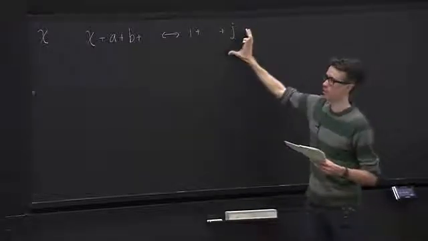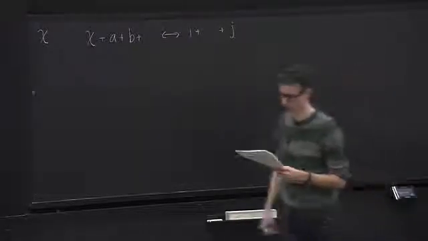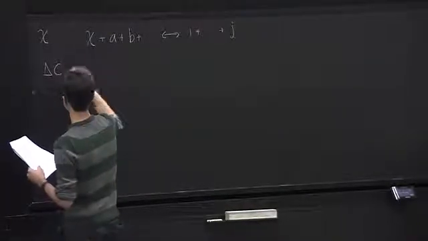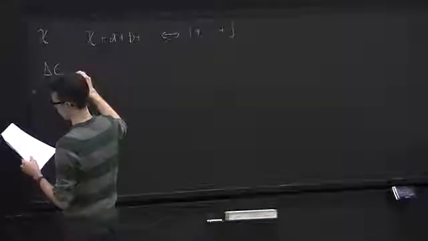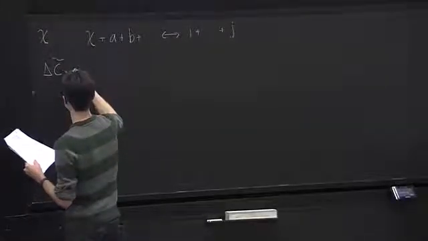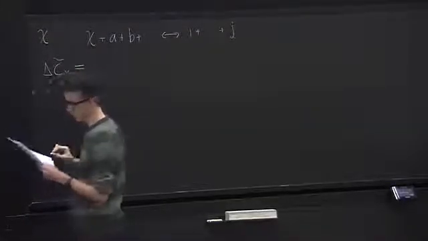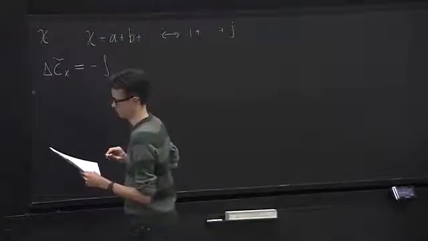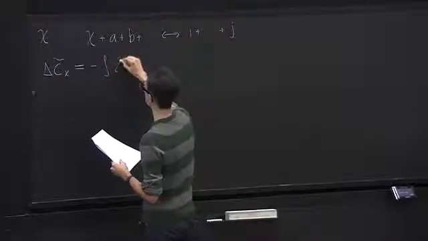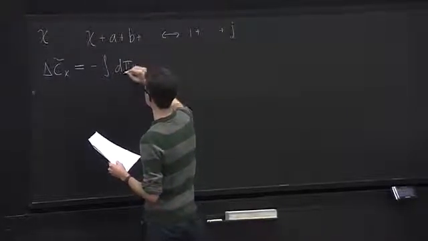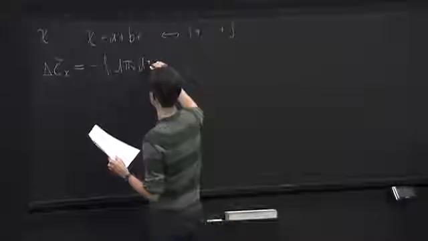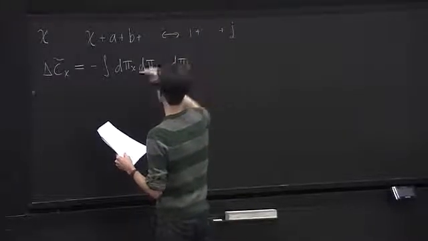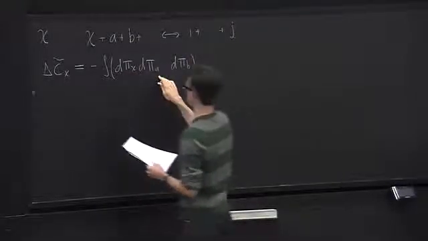This interaction gives me a contribution to this kinetic term, this collision term C tilde, and the contribution from this interaction to delta C tilde for chi is given by a long and slightly complicated expression that's actually not as complicated as it looks. So I'm going to write it out, but please bear with me. It's going to be essentially an integral over phase space.